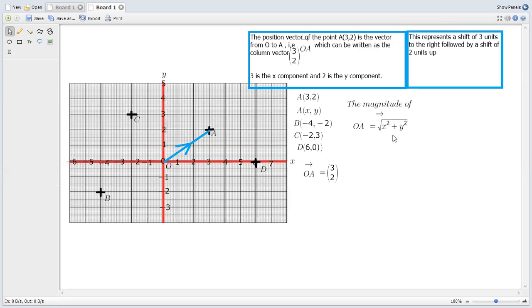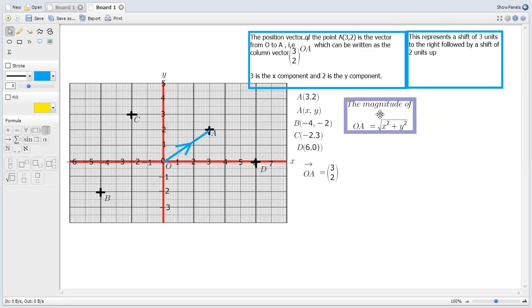Is that clear? Yes. Remember this OA must be under the R there.